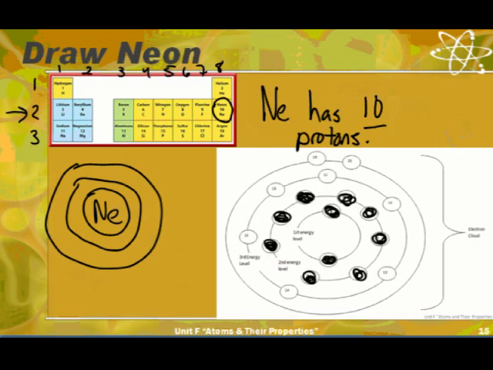We have 2 in the first energy level, and then in our second energy level, we have a total of 8. Which makes sense because it's a noble gas, and we know that the energy level for a noble gas should be filled. There are no empty spaces in the second level for neon.